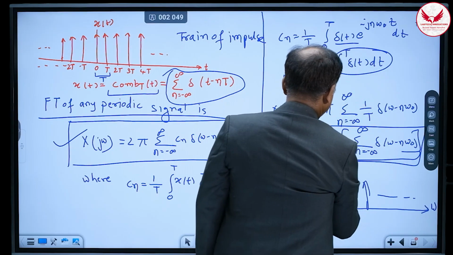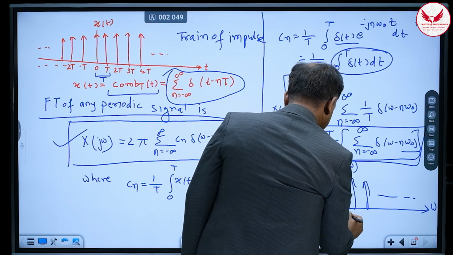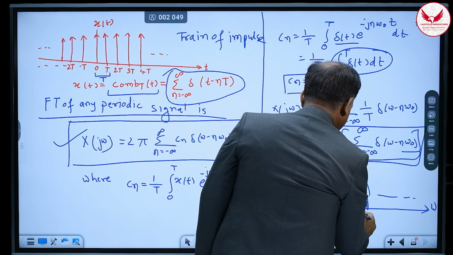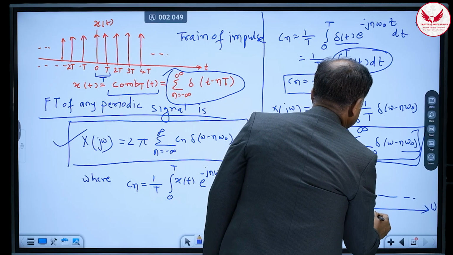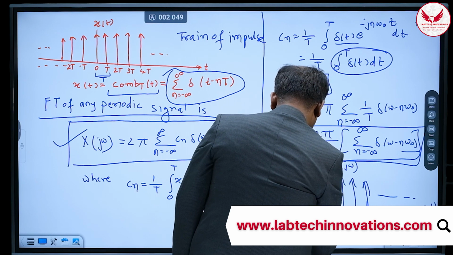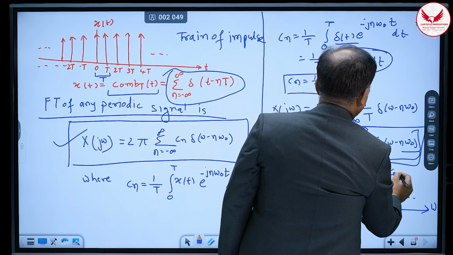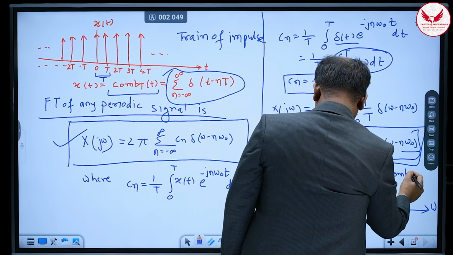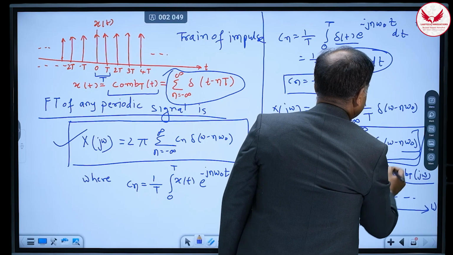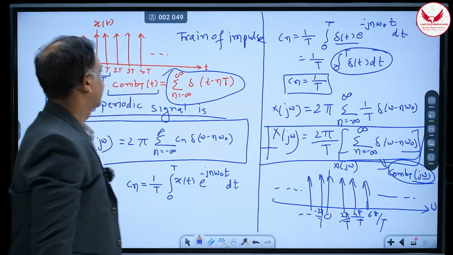This is omega, this is X of j omega, this is 0, then 2 pi upon capital T, 4 pi upon capital T, 6 pi upon capital T, minus 2 pi upon capital T, and so on. You can also call it a comb of this T and j omega. So this is the Fourier transform of a train of impulse functions.